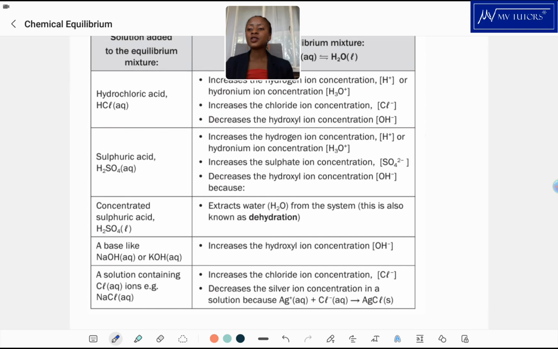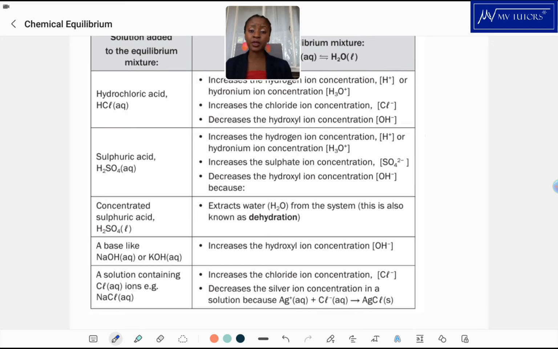A solution containing chloride ions, for example sodium chloride, will increase the chloride ion concentration, and it will decrease the silver ion concentration in a solution.